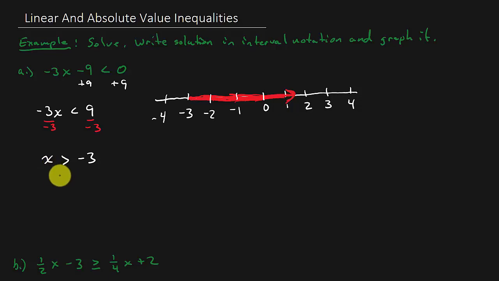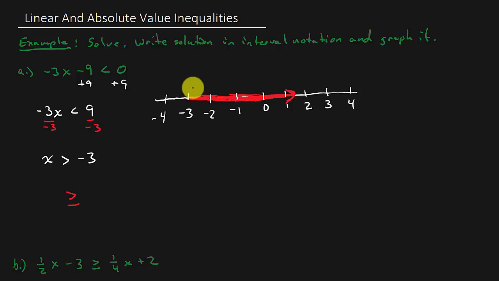It says x is greater than negative 3. Notice it doesn't say greater than or equal to. So it's not saying that x is equal to negative 3. It says it's everything larger than negative 3, so it's not including negative 3.